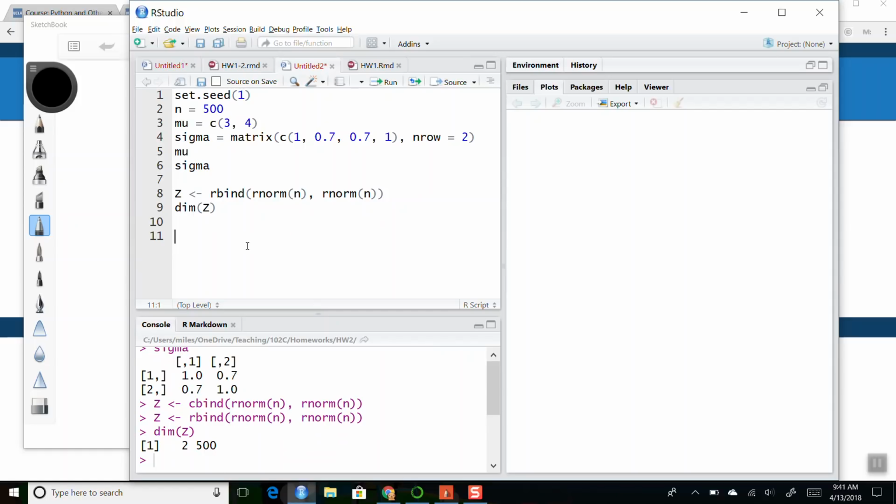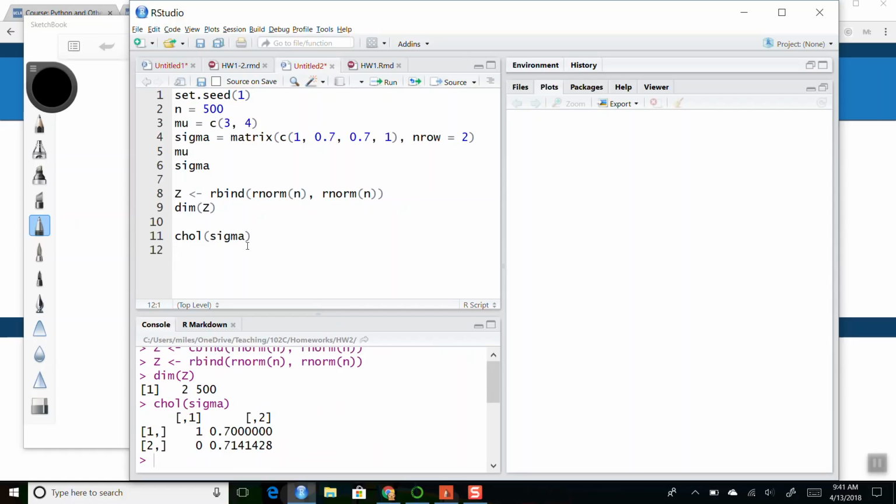We can ask for the Cholesky decomposition of sigma, or we can find this ourselves. So I can just ask, what's the Cholesky decomposition of sigma? And this gives me the upper triangular matrix, so I can just say A is equal to the transpose of the Cholesky decomposition of sigma.